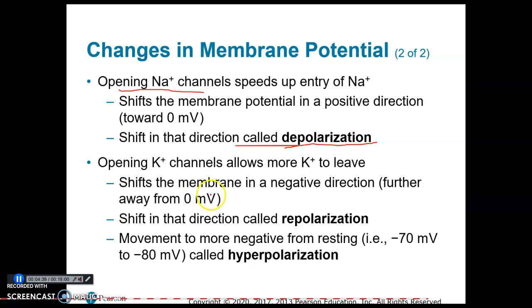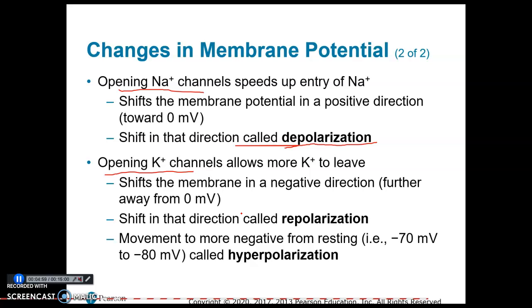Now, potassium channels, when potassium channels open, the opposite thing happens. Because if a potassium channel opens that allows potassium to move across the membrane, we've already talked about how potassium is going to move out. It's going to diffuse out of the cell.